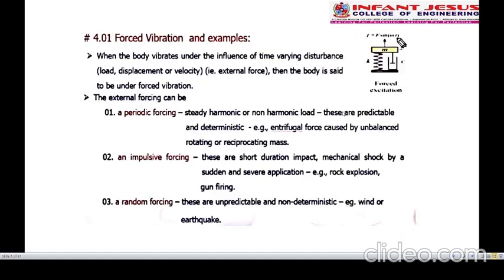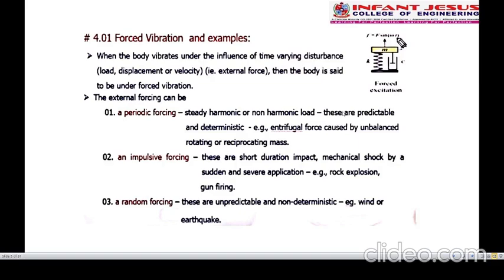Now we can see forced vibration in detail. Forced vibration is when the body vibrates under the influence of a time-varying disturbance, load, displacement or velocity, that is, an external force. Then the body is said to be under forced vibration.